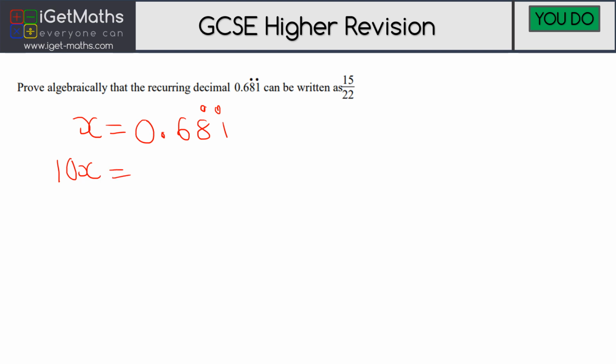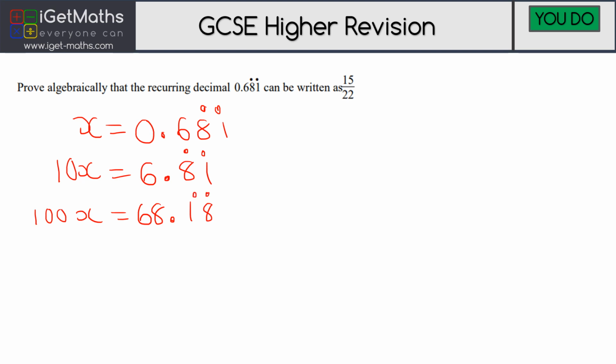And that will move in place value to give you 6.81 recurring. And then if we do 100x, that will move over 2 place values, so that will give you 68.18 recurring.